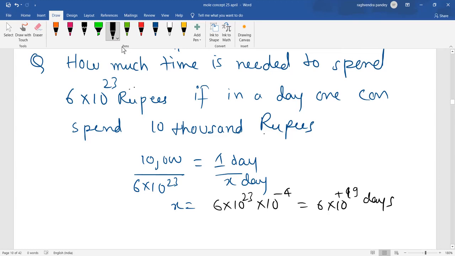Now you can convert it into years by dividing by 365, but that will not make any difference. This was also a question of some competitive exam, state level.